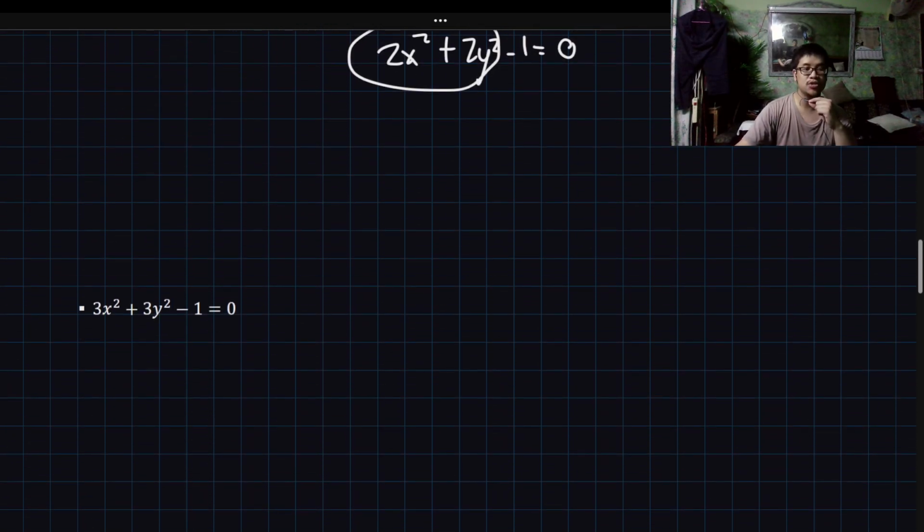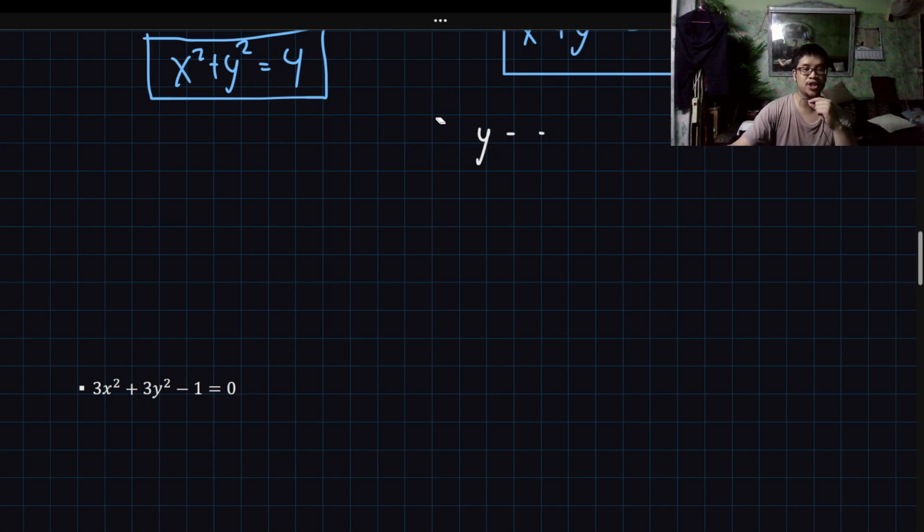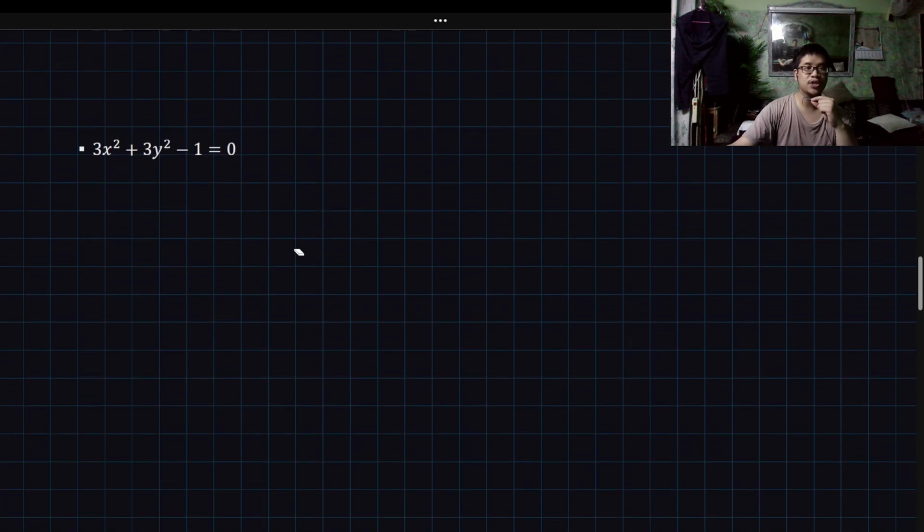Let's use this one as an example: 3x squared plus 3y squared minus 1. If you observe, it has a visible coefficient. So first step, you divide the equation by the coefficient of x squared and y squared.